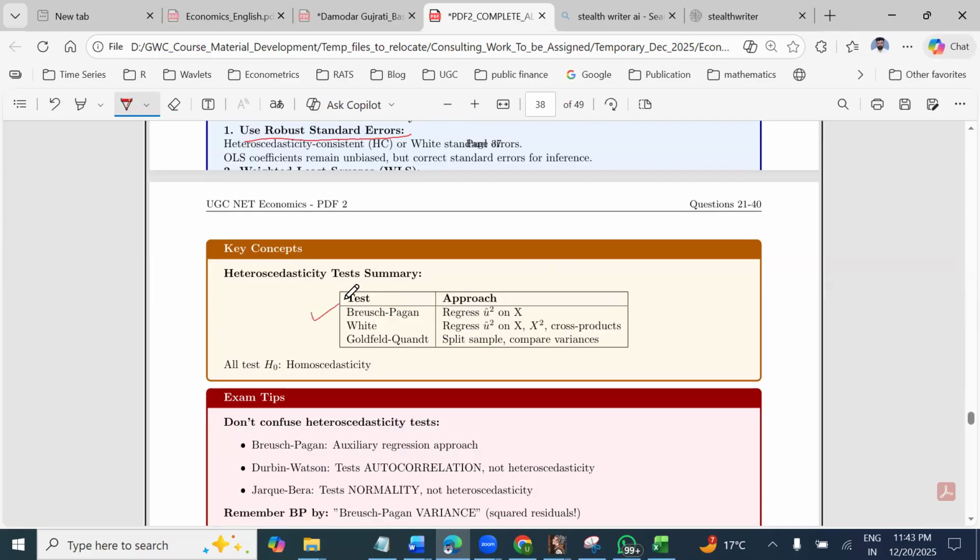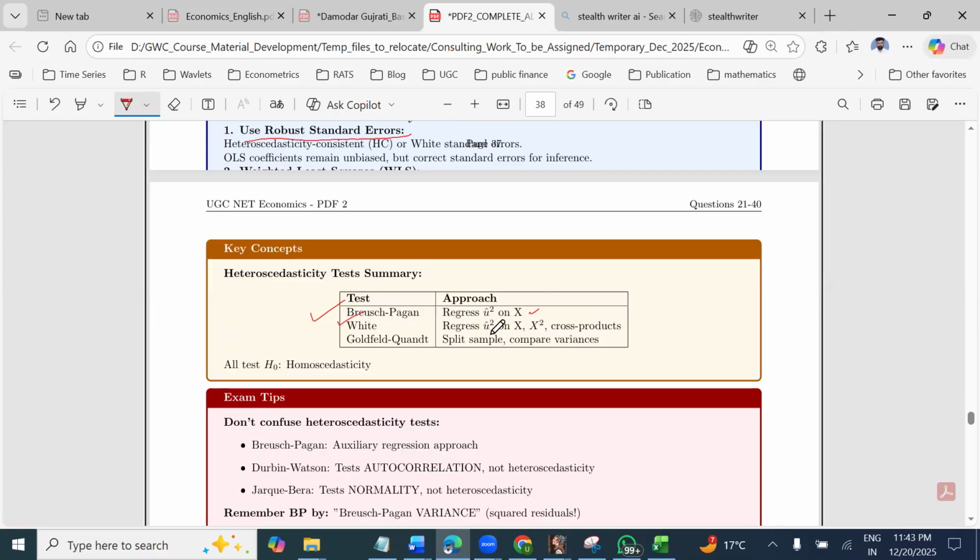Sometimes this kind of question also comes. Even if it is difficult right now, I will take the data and show you, and then you can easily remember how we do the Breusch-Pagan test, the White test or the Goldfeld-Quandt test. But at least know that in the Breusch-Pagan test we regress the squared residual on x.